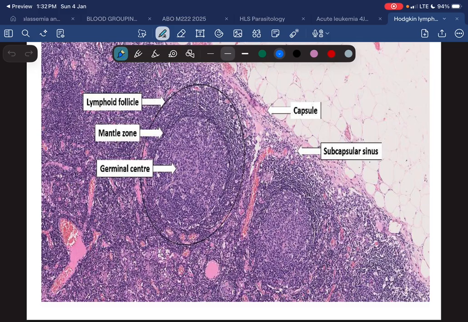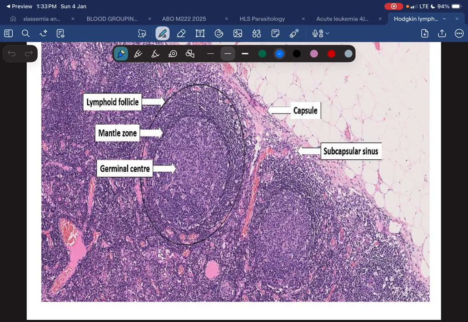This is the normal structure of the lymph node that will be disrupted and destroyed in a neoplastic process. This normal architecture, the cortex, lymphoid follicles, and germinal centers, will be disrupted, okay? Either by structural configuration or by the type of cells infiltrated.